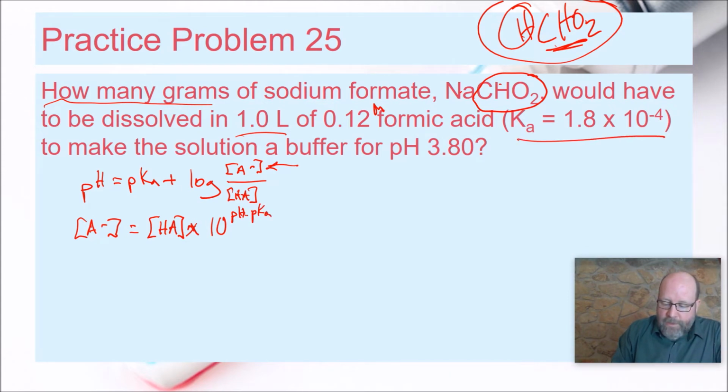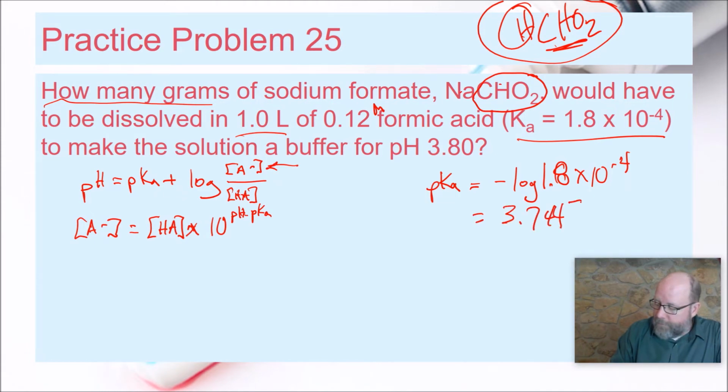And there's my Ka, so I could find the negative log of 1.8 times 10 to the negative fourth. And that's going to be, let me write this pKa just so it makes sense. And that equals 3.7447.